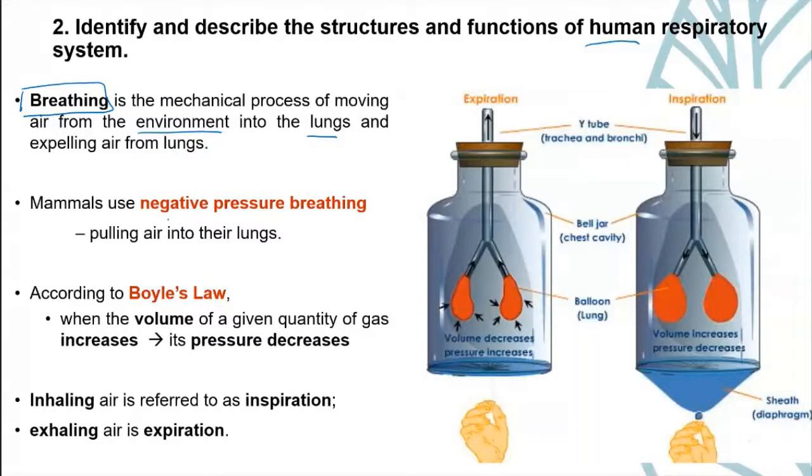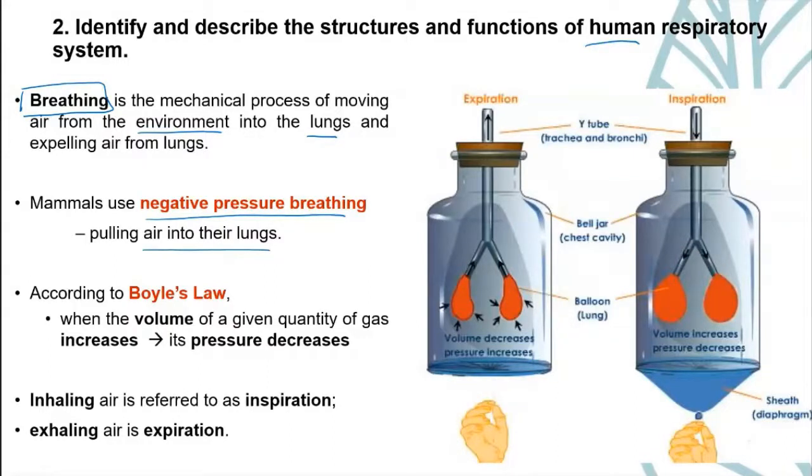Mammals use negative pressure breathing, pulling air into the lungs. Yesterday we saw that frogs use positive pressure breathing. They create a high pressure inside the buccal cavity, and then the high pressure is pushed into the lungs. But for mammals, we use negative pressure breathing, pulling air into the lungs.